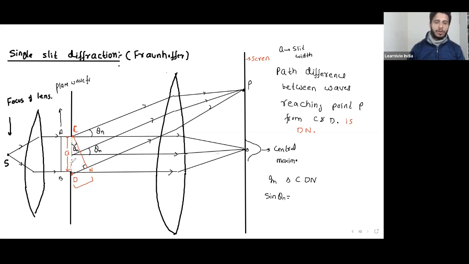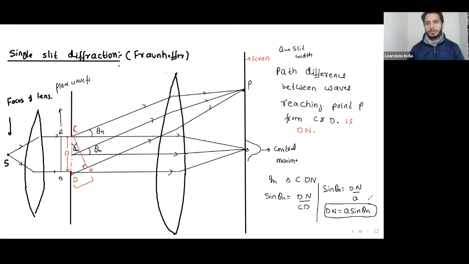Sine theta n is perpendicular upon hypotenuse, so sine theta n is DN divided by CD, and CD is your slit width. So the path difference DN is A sine theta n. We will need this path difference for the conditions of all bright and dark fringes. This is the path difference of waves reaching point P from point C as well as point D.